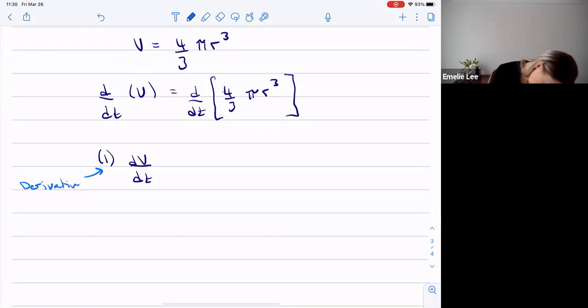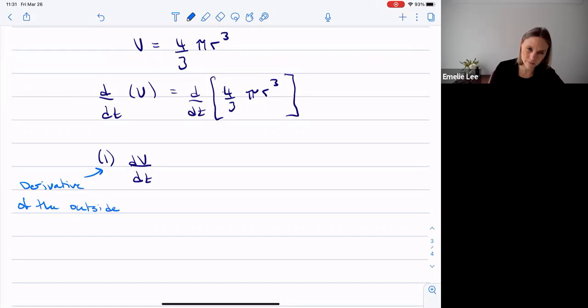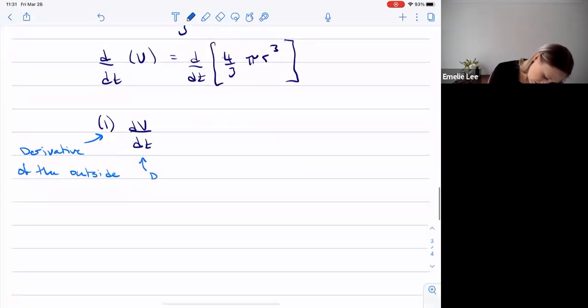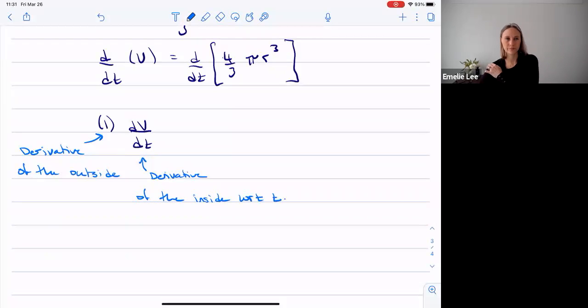Derivative of the outside times the derivative of the inside with respect to time. So it is just the chain rule.